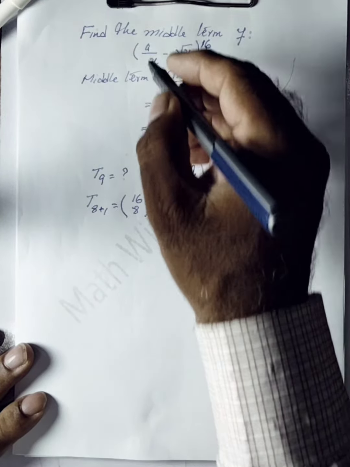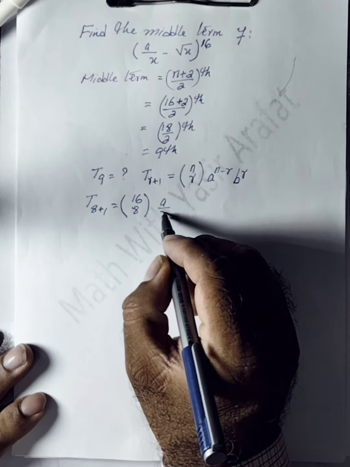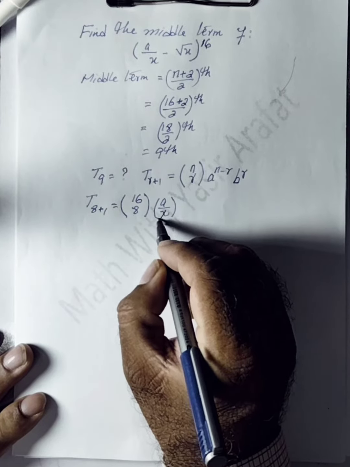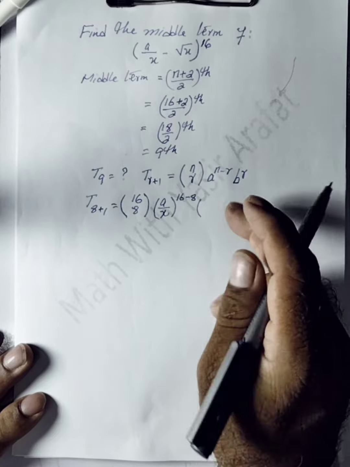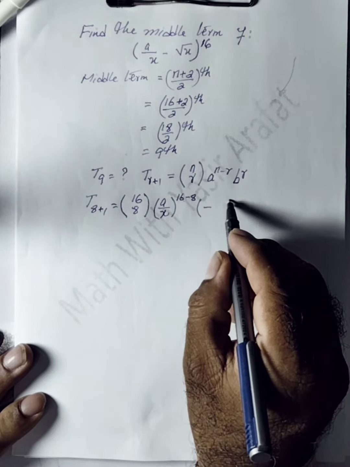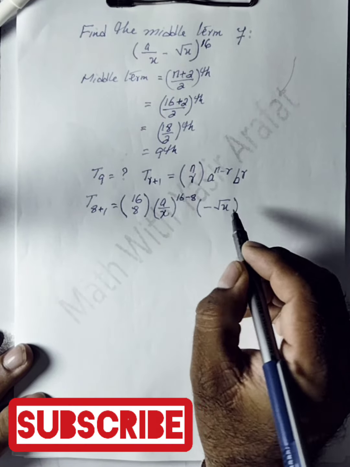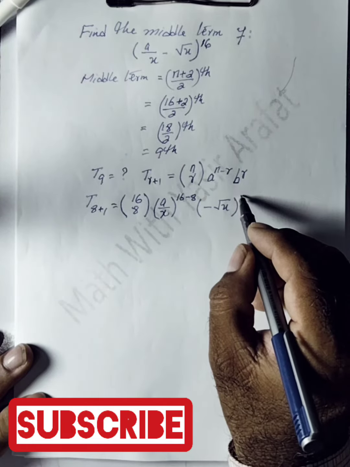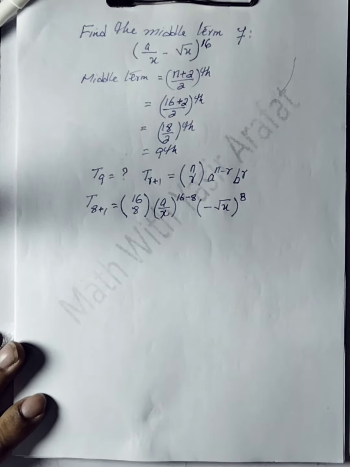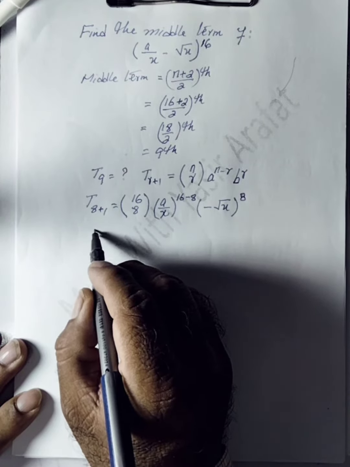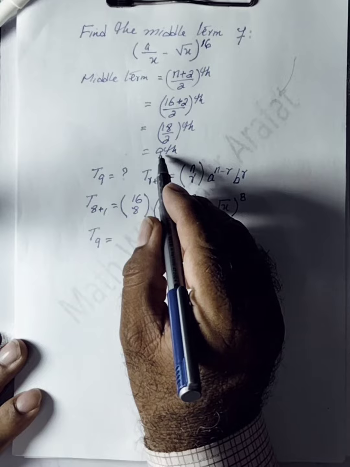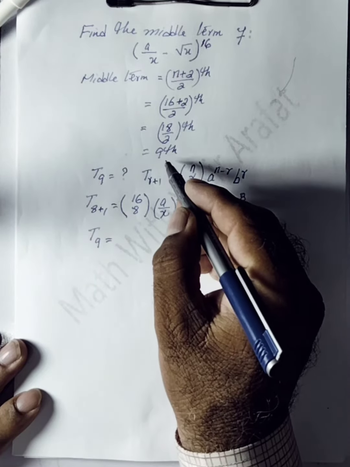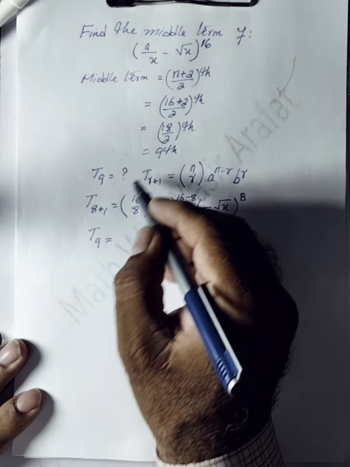Here a means a/x to the power 16 minus 8. Here b means minus √x, that is to the power 8. So here we are going to find out the value of the middle term, that is the ninth term, and now we have to find out the value of T9.